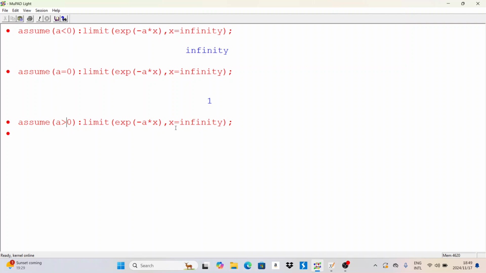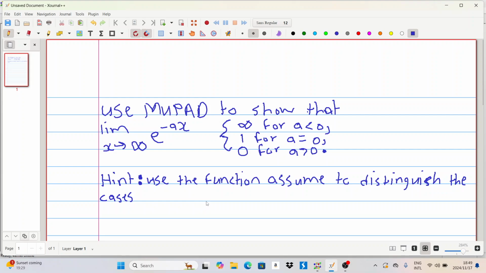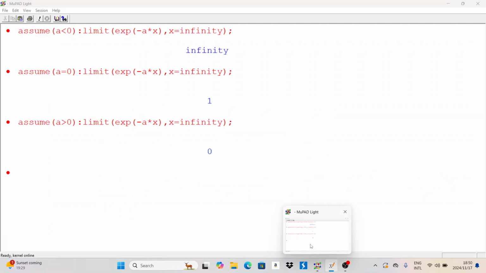So assuming a is greater than 0, then we get 0 as our answer, as expected. So our answer is infinity, 1 and 0. So let's check in our question. So we must get infinity, 1 and 0. So by doing this, we have solved the problem using MuPAD. So this is our final answer.